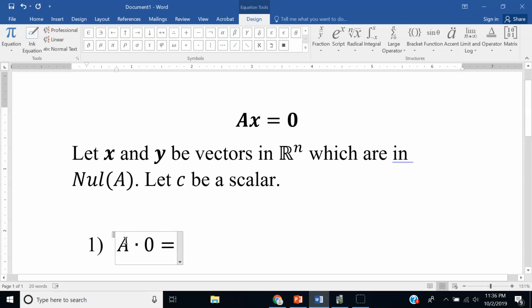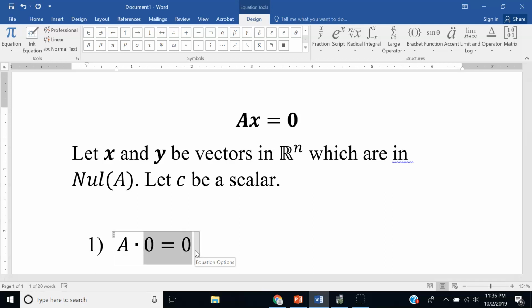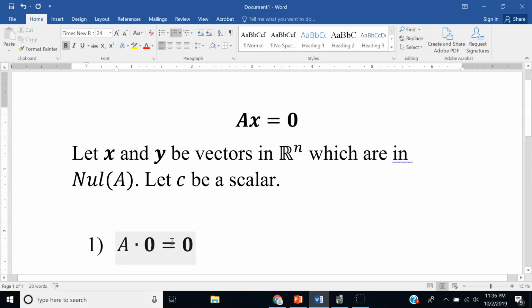So if you actually multiplied anything times the zero vector, you will in fact get out a zero vector. What this means, in short, is that the zero vector is in the null space.